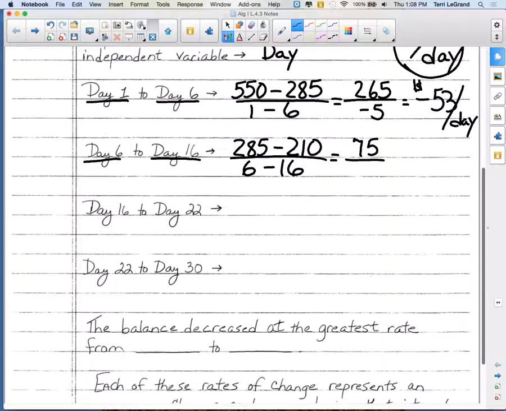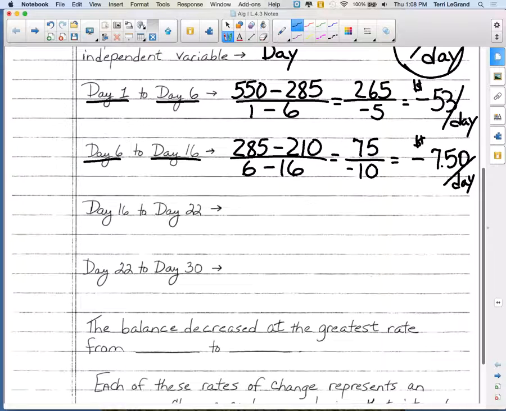6 take away 16. Negative 10. A positive divided by a negative is a negative. And 75 divided by 10, not a calculator. $7.5, which we'll make into money by putting a 0 there and making it negative $7.50 per day.